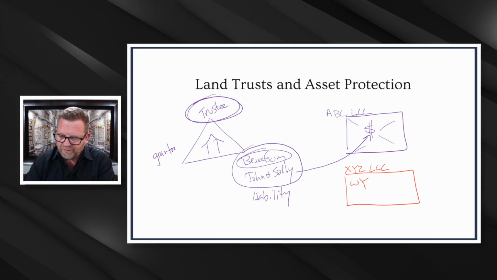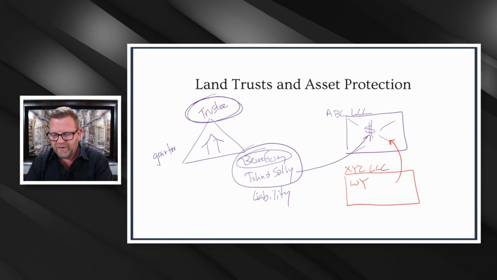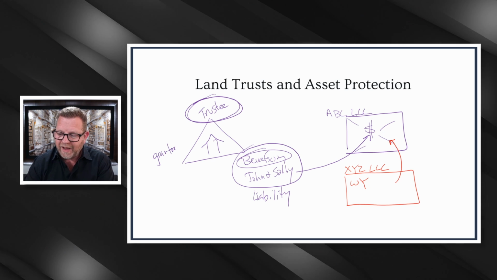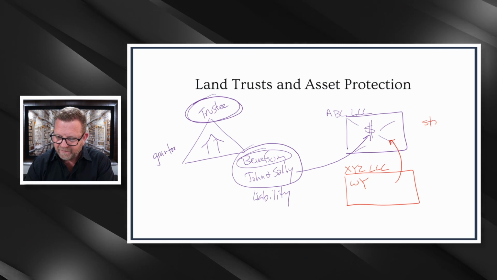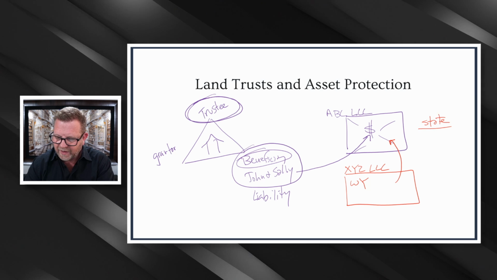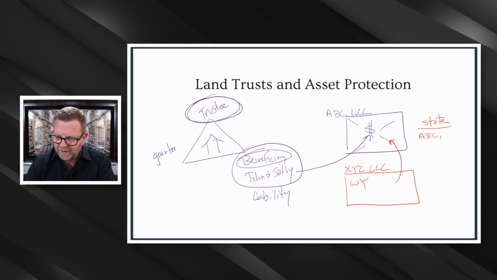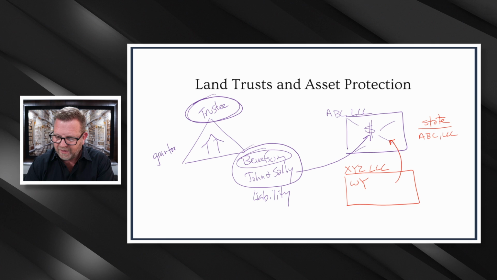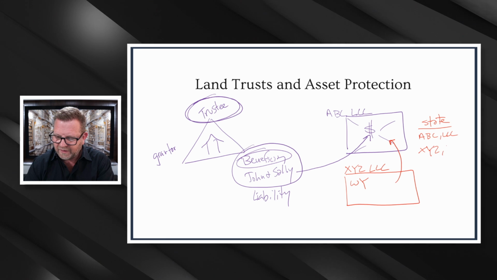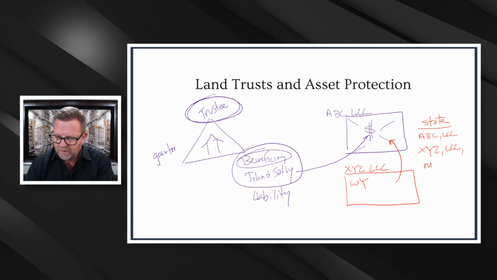And I would have it be the member of ABC LLC. Now, if I go to the state and I look at ABC LLC, it's going to have XYZ LLC as the member.